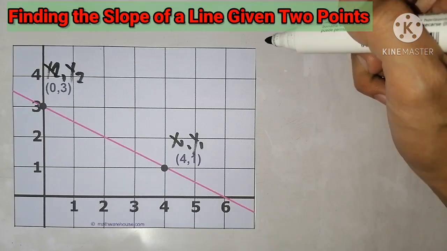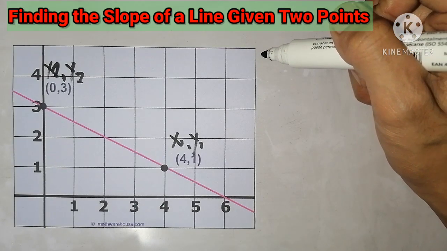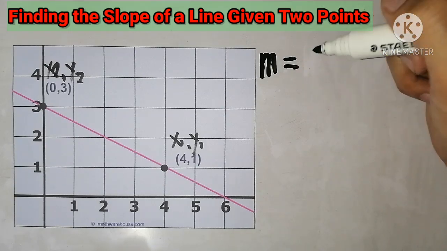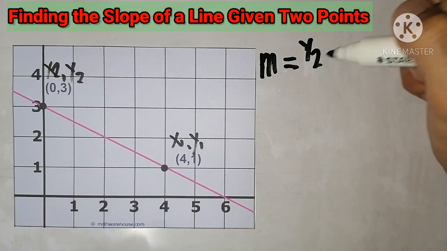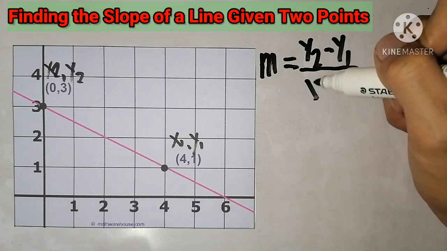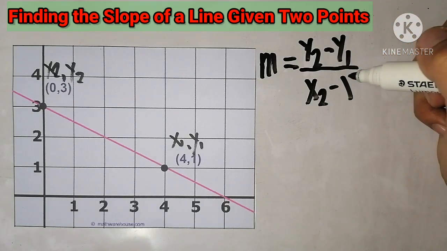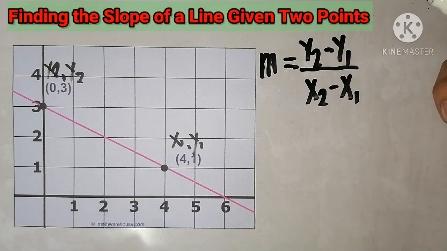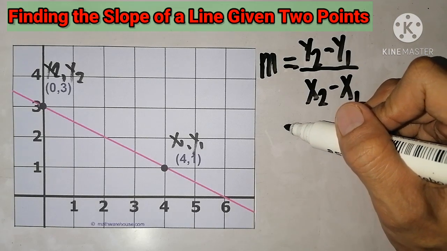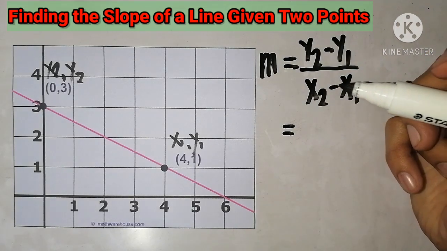Now to solve, we have to write the formula m equals, or the slope equals, y sub 2 minus y sub 1 over x sub 2 minus x sub 1. Then after writing the formula, we have to apply the substitution property. We substitute the values of the coordinates to the given formula.